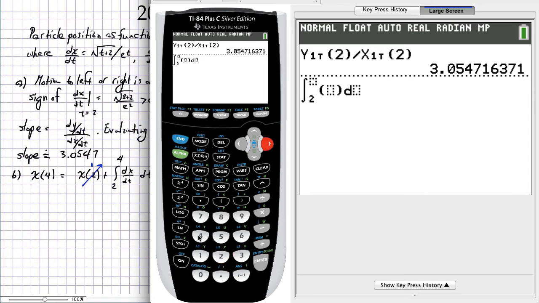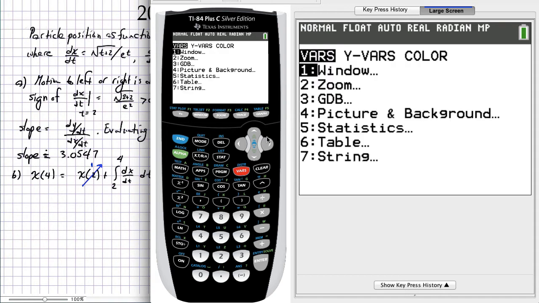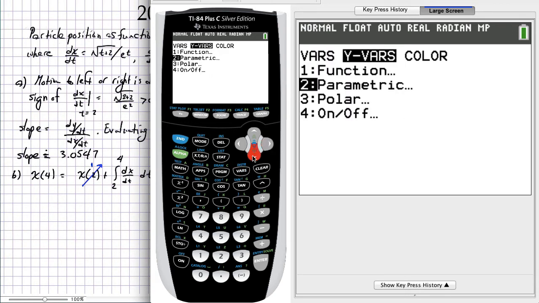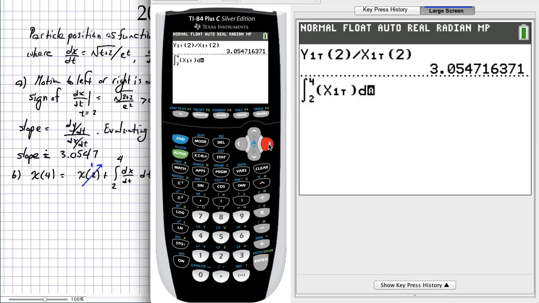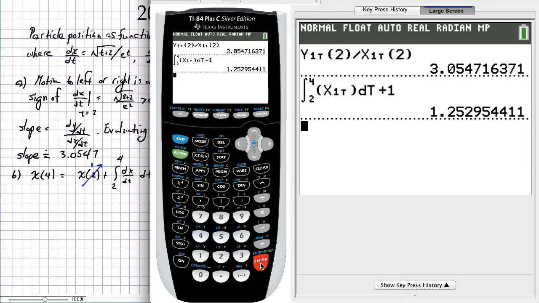We're going up to 4, and our function is x1t. So let's go locate that. And of course we're integrating with respect to t. I'll add to that initial condition that they gave us, namely the position at t equals 2. And my answer is 1.2529.